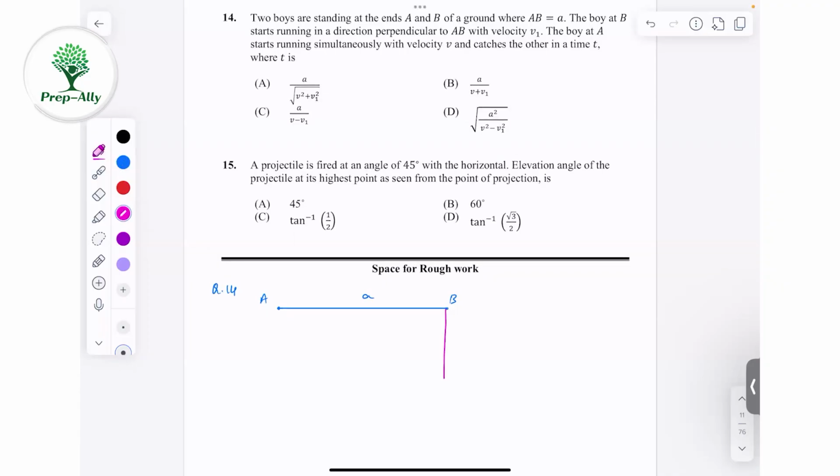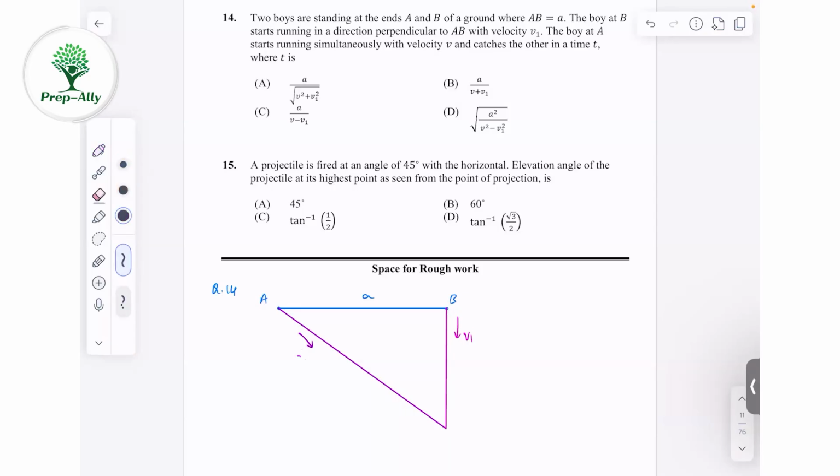So let's say he's running like this with a speed of v1. The boy at A starts running simultaneously with the velocity v. So let us say he runs like this. This velocity is v.